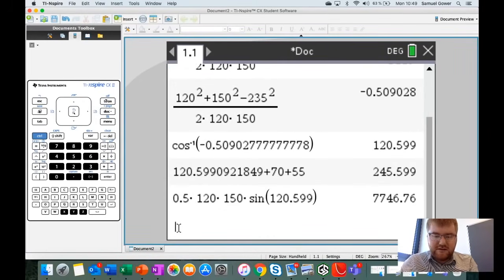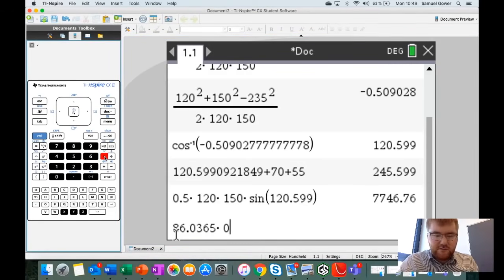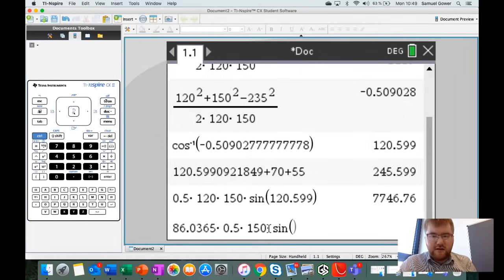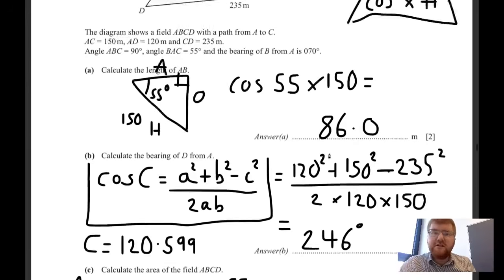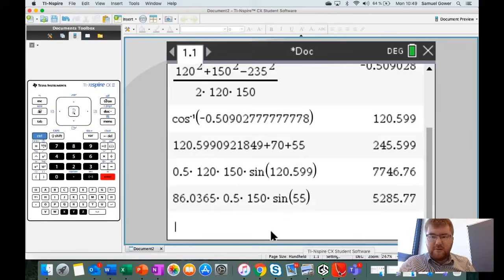So let's write down the decimal before I forget. Times 0.5 times 150 times the sine angle, which I think was 55. So it's worth always checking these things. We get an answer, 5,285.77.